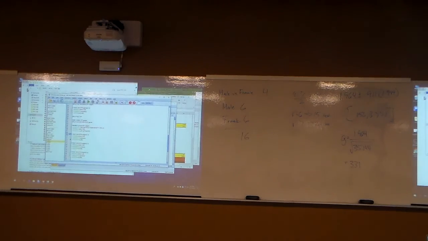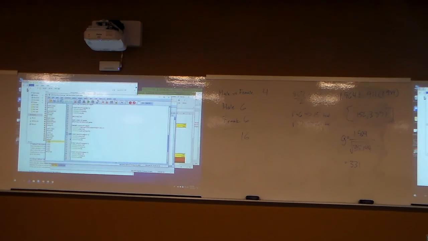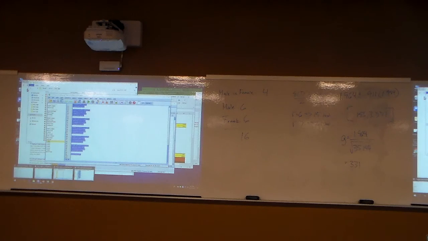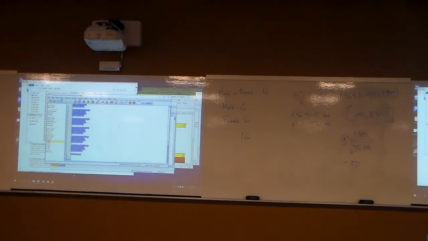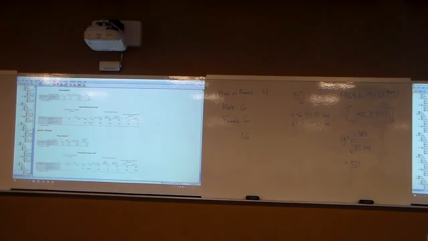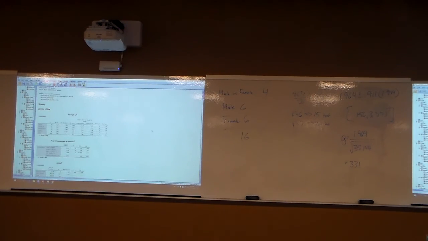So if I go through and sort this, and then sort cases and split file by gender, it's a lot, right?